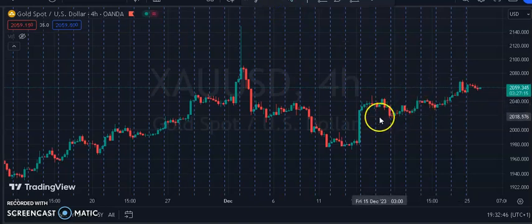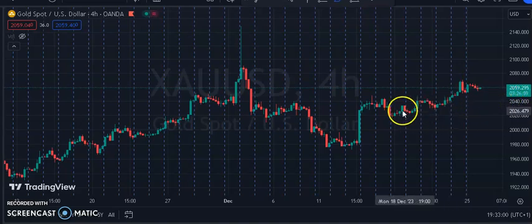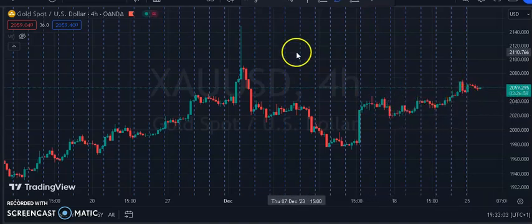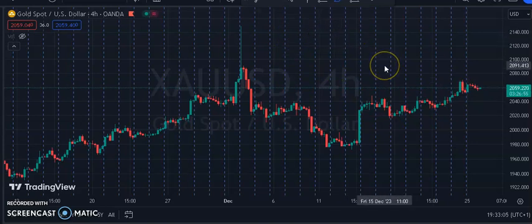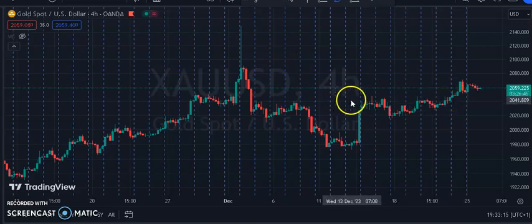Now, if you look at the price of 2040, we can see price was consolidated around that area. There was no higher highs, no lower lows, and around maybe Thursday, in December, something happened.